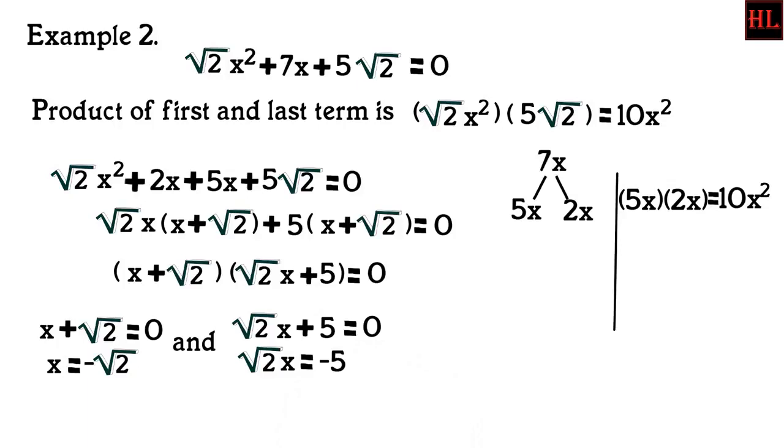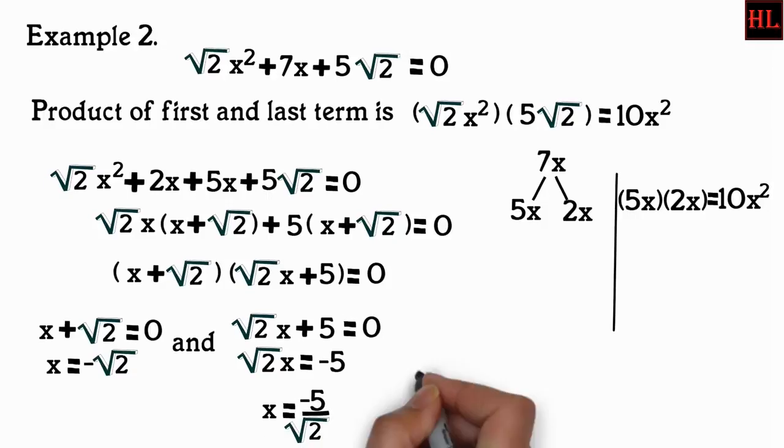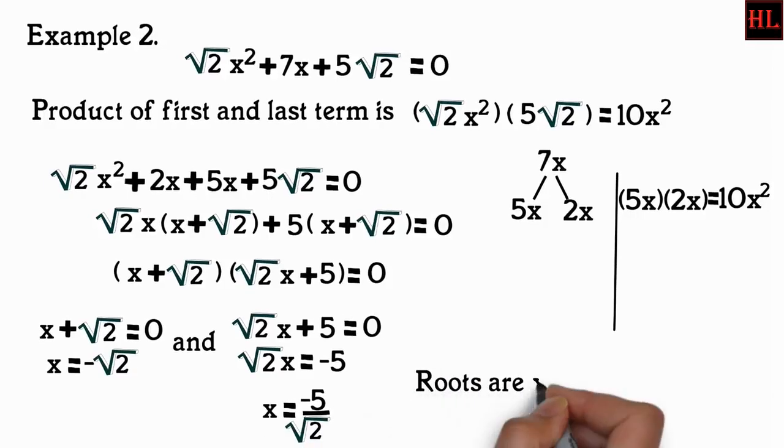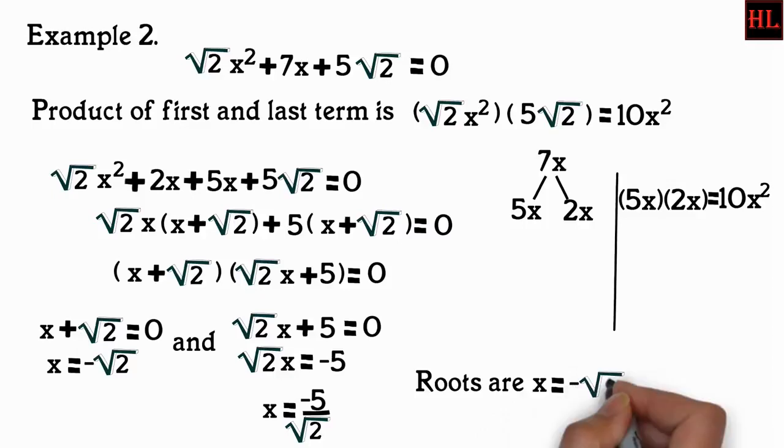Root 2 is in multiplication with x, so when we'll take it to right hand side, it will become x is equal to minus 5 divided by under root 2. Therefore, the roots of our quadratic equation are x is equal to minus root 2 and minus 5 by root 2. So friends, that's how we use factorization method to solve a quadratic equation.